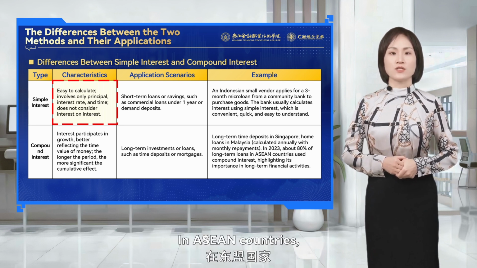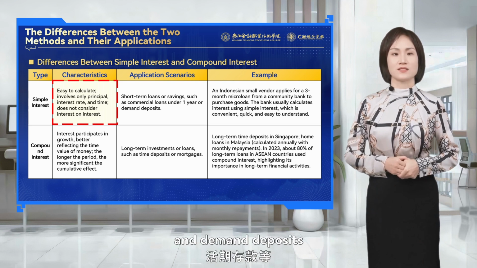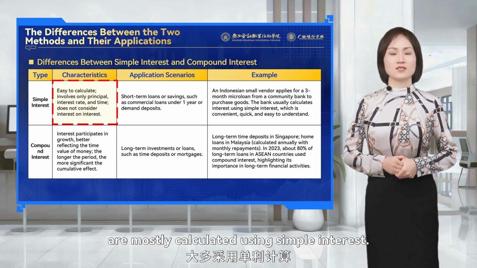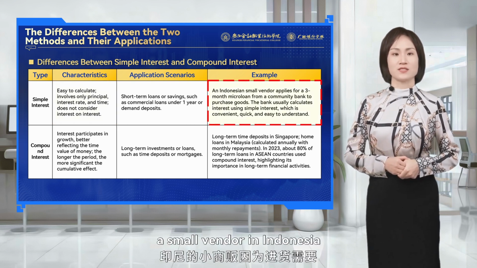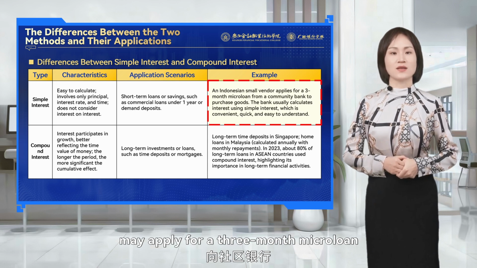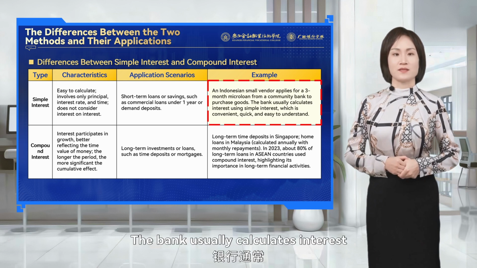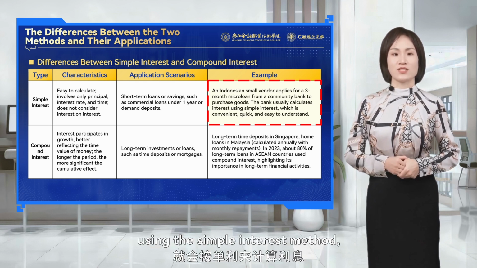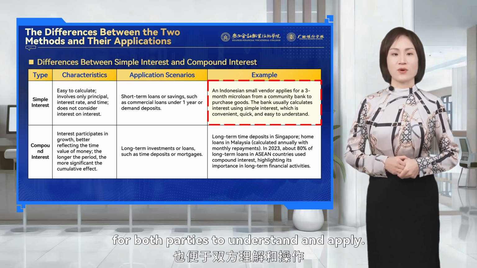In ASEAN countries, commercial loans with maturities of less than 1 year and demand deposits are mostly calculated using simple interest. For example, a small vendor in Indonesia may apply for a 3-month microloan from a community bank to purchase inventory. The bank usually calculates interest using the simple interest method, which is both convenient and easy for both parties to understand and apply.